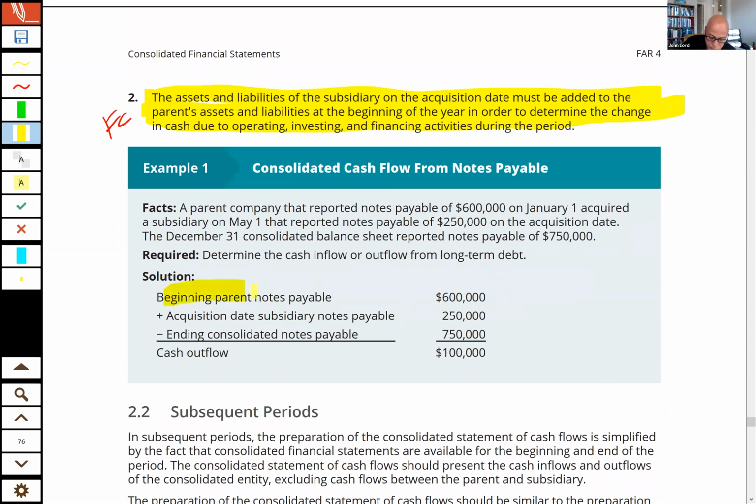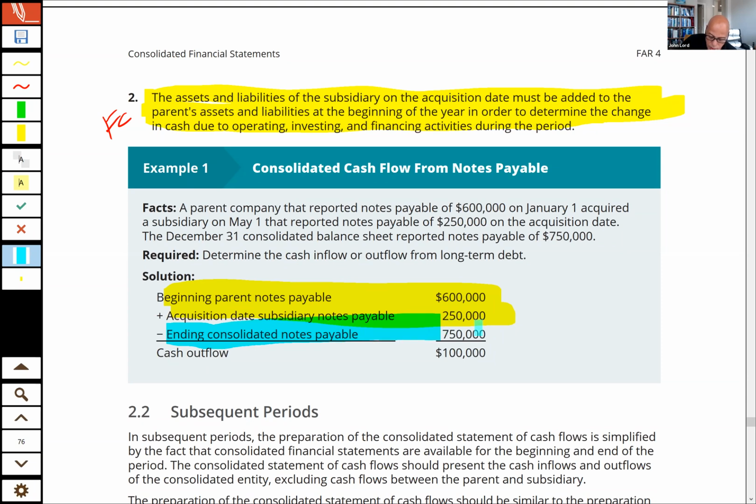We have the parent's beginning notes payable. We have the acquisition date note payable of the sub, and then we go ahead and do the consolidation. Remember, we're consolidating the income statement and the balance sheet, and now we have a consolidated balance sheet sitting there when we prepare the statement of cash flows.